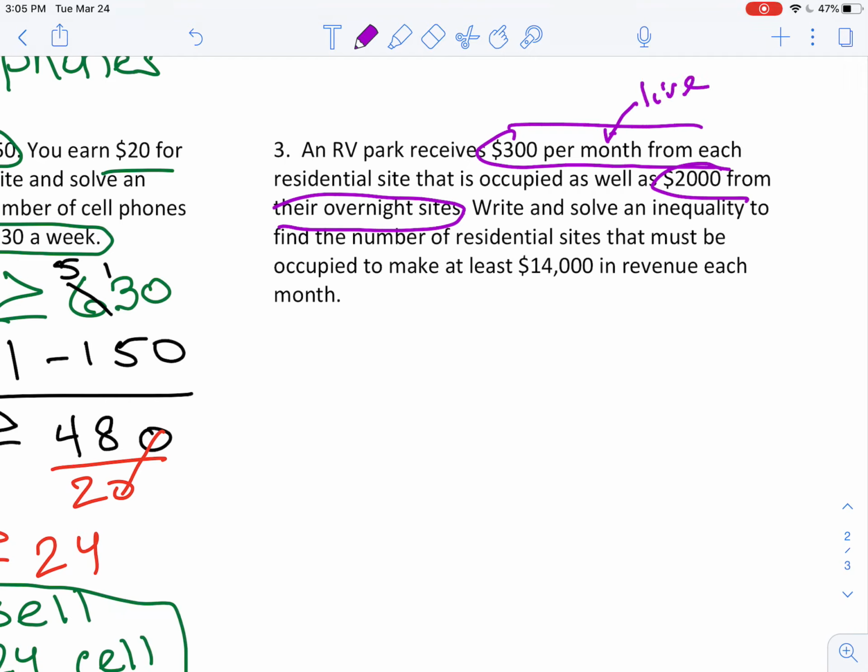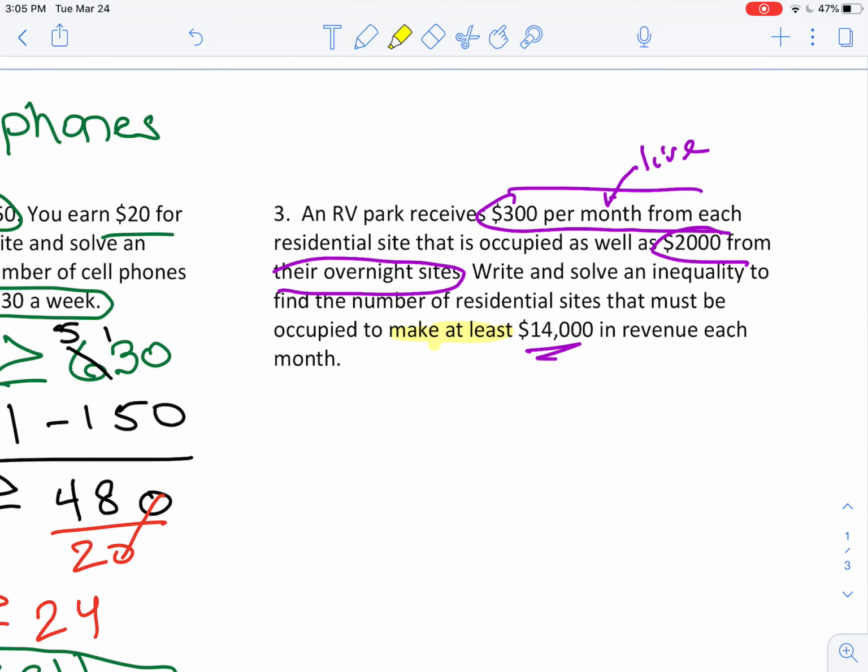So some people live there, and when they live there, they're getting $300 a month.